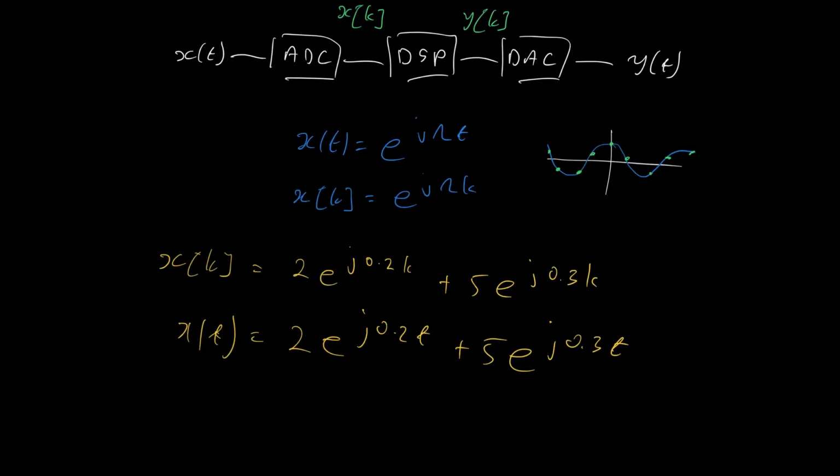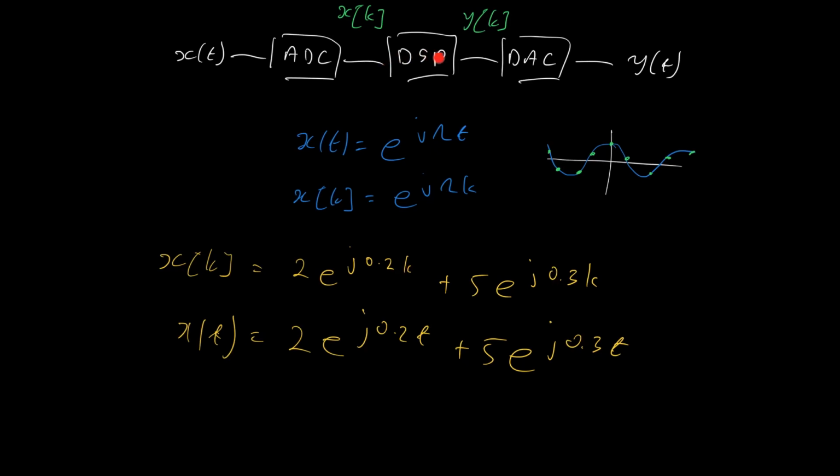How does that fit in with where we started? The idea is straightforward. If we can represent x of t as a sum of sinusoids, then when we sample it, we get essentially the same structure here, also a sum of sinusoids. We've just replaced t with k.